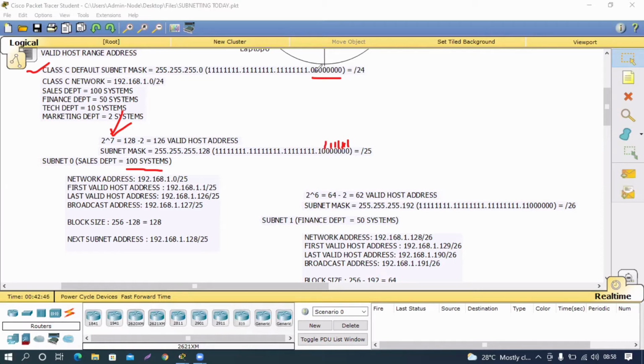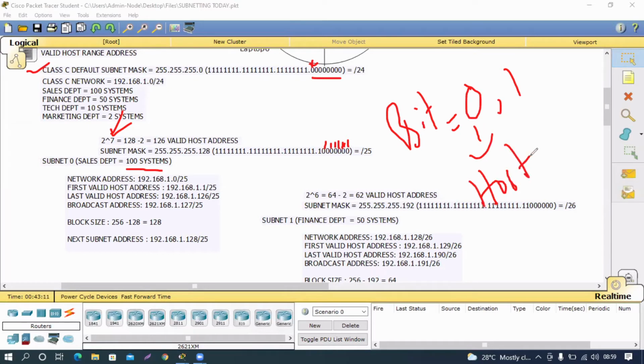So what about this bit? This bit cannot be 0, right? Because as per our calculation, we need only 7 host bits. A bit is either 0 or 1. This bit cannot be 0, it must be 1, right?